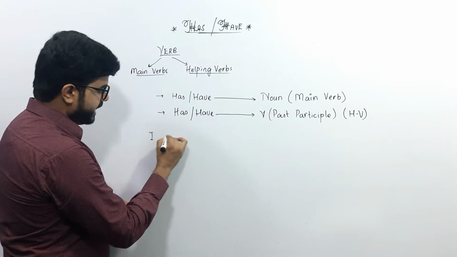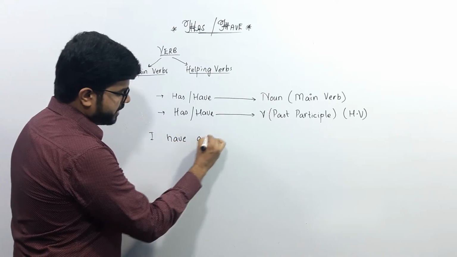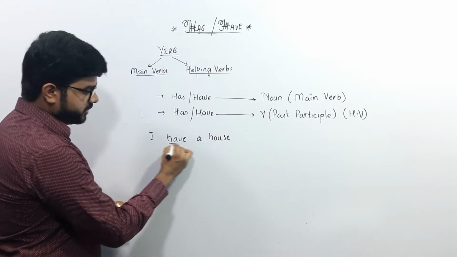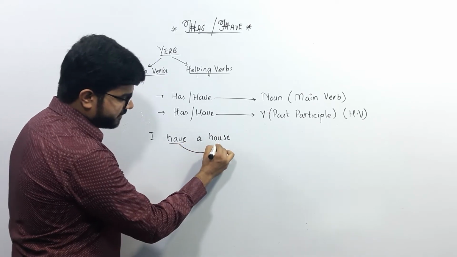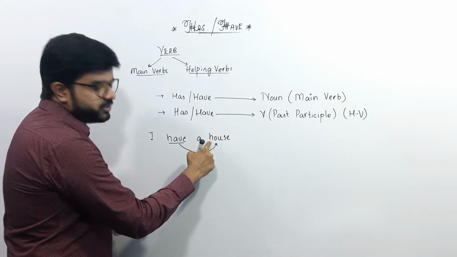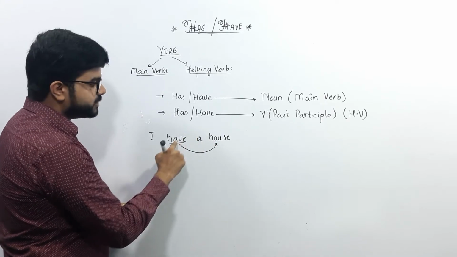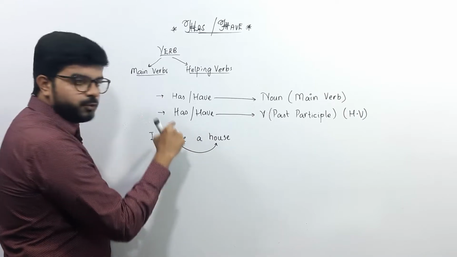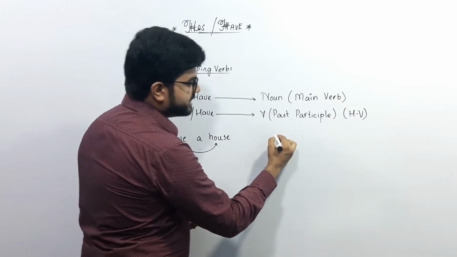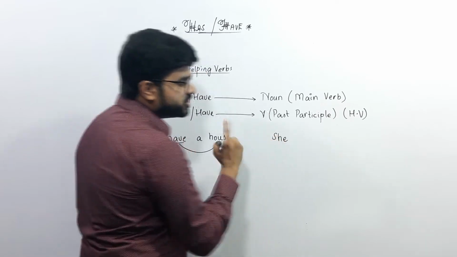Like I say that I have a house, right? So do you see that what comes after have? We have a noun. House is a name of a thing, right? This is why have is over here. Have is a main verb, right? So let's change the subject a bit. I'm using she over here.